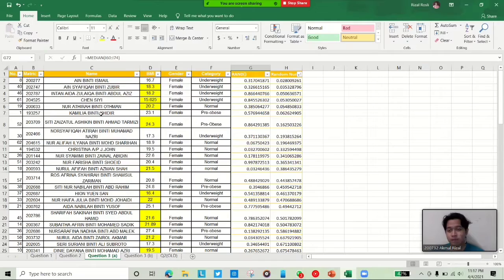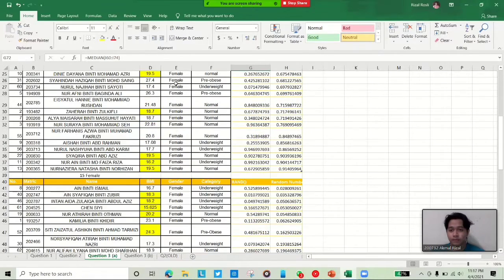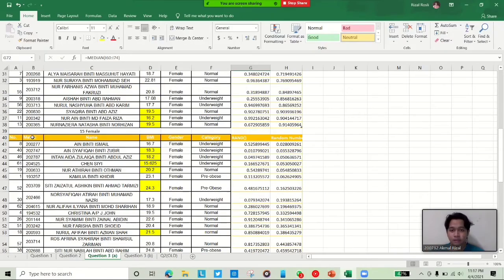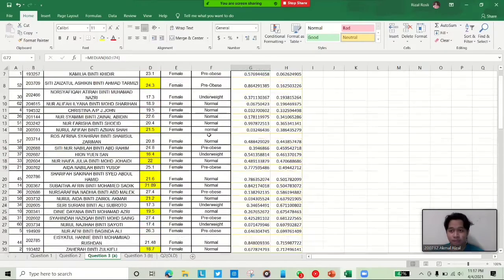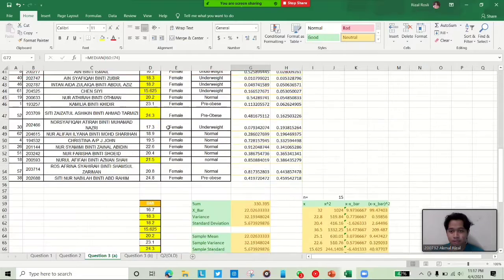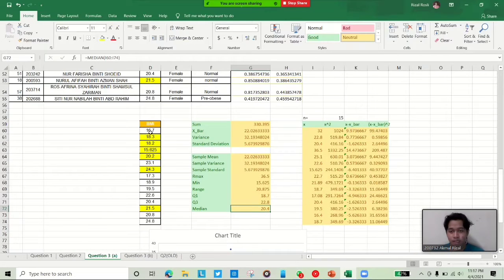Okay, so for 3A first, I have sorted all the females of our class and taken out 50 of them randomly, as we can see here. Okay, now this is their data for the BMI, and this is the data.